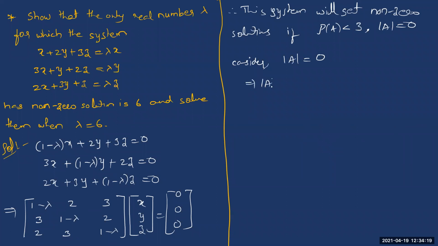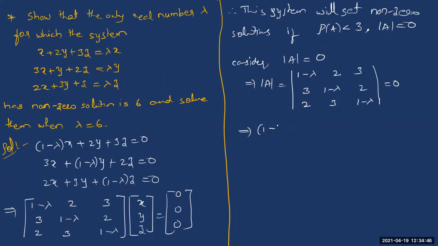That implies determinant of A equals, see, I'm writing matrix A here. It is 1 minus lambda, 2, 3. And then it is 3, 1 minus lambda, 2. Then here it is 2, 3, 1 minus lambda. And I'm equating this determinant to 0. I'm again evaluating the determinant about the first row.